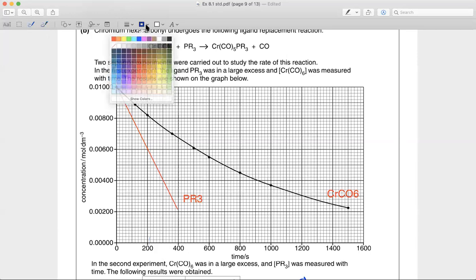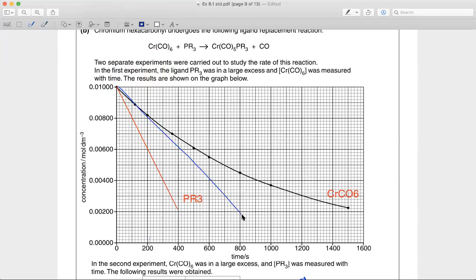So I'm going to use a different color, blue, for my gradient. I hope you all know how to draw the tangent at 0. And you know what I like to do? I like to extend my tangent to the x-axis. And this whole triangle is already my tangent.